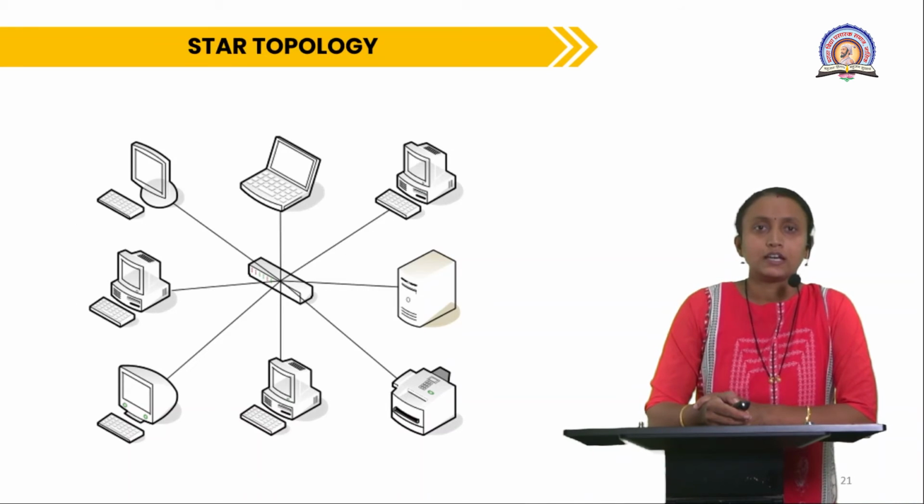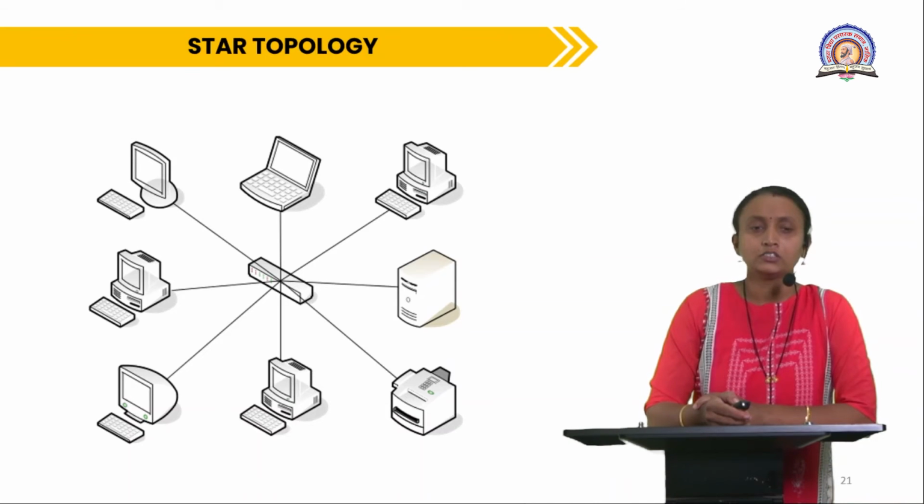Next one is star topology. It uses the client-server architecture in which the central device acts as a server and all devices connected to that central hub act as clients. When data is transmitted from one point to another, that data always goes through the central hub.